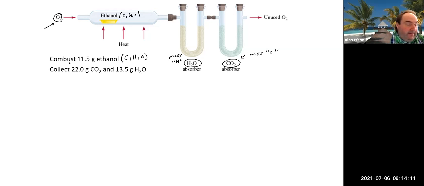So we're going to figure out the mass of the carbon. And that's going to come from our CO2 that was collected. Now remember though, in this case, we collected CO2, but we're really not interested in the CO2. We're interested in just the carbon part.